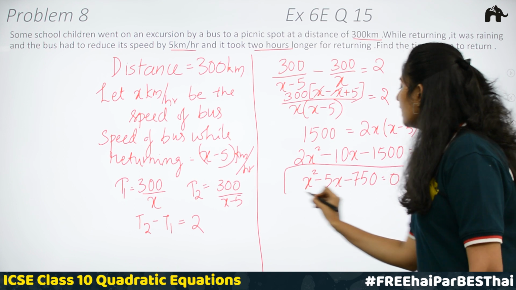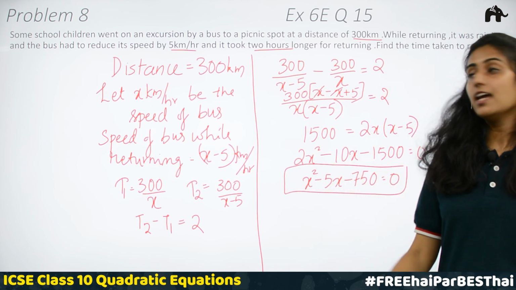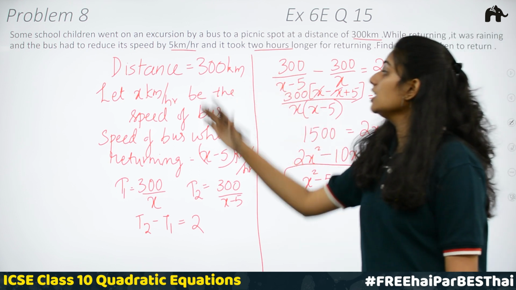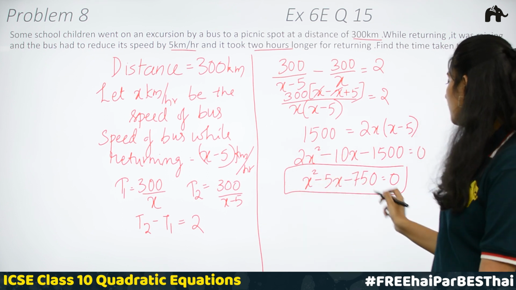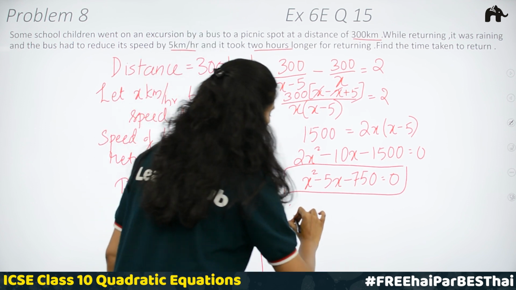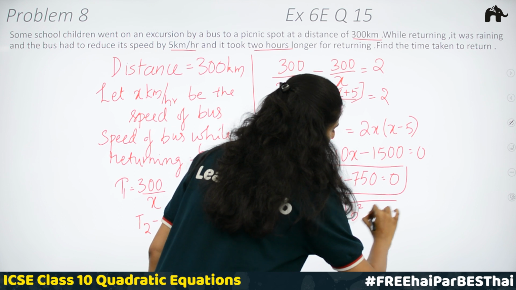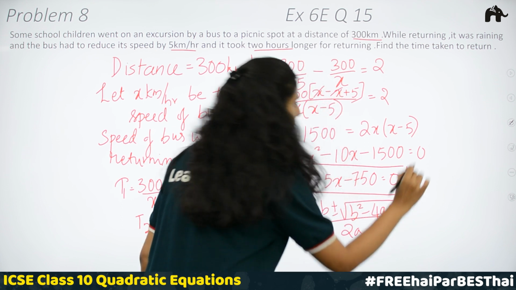Now, this is our required quadratic equation. Solving this quadratic equation, we can find the value of x, where x is the initial speed of the bus while going. Okay. Let us use the quadratic formula. x is equal to minus b plus or minus root of b square minus 4ac divided by 2a.